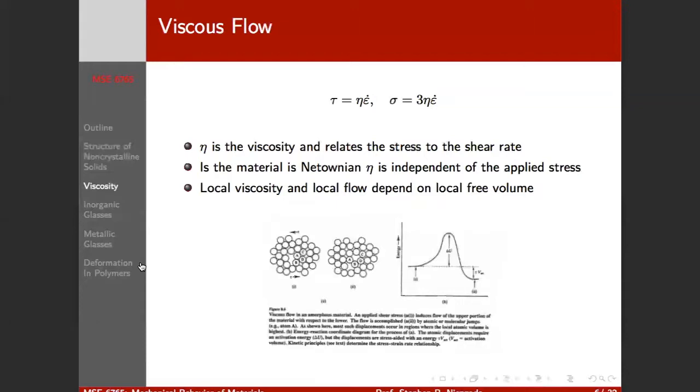So basically here we see a small region where the free volume is a tiny little bit higher, and under the action of the shear, this atom A jumps from here to here.